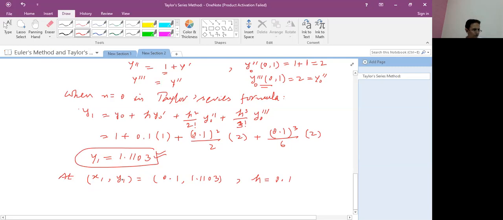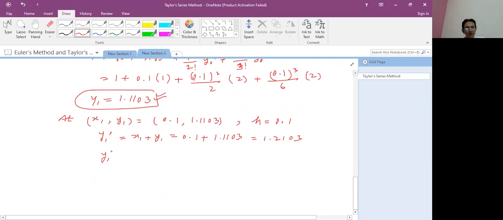So y1 prime is equal to x1 plus y1, which is equal to 0.1 plus 1.1103. If we find it with the help of a calculator, it is 1.2103.